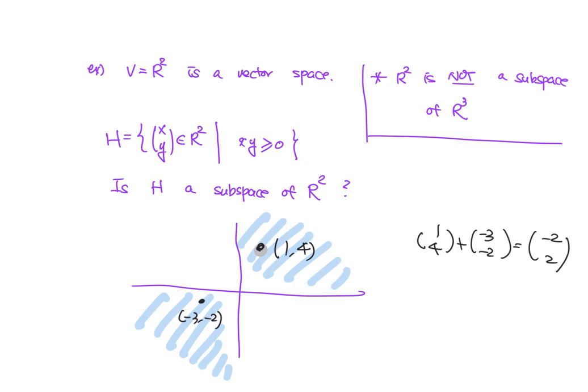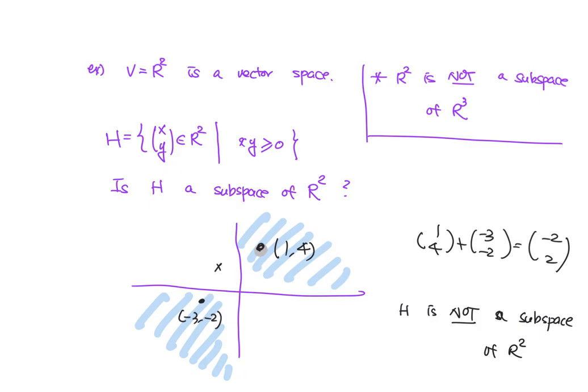Okay, that is somewhere here, which is not in H. So this set H is not closed under addition. So this H is not a subspace of R2 space. Because it is not a vector space, right?